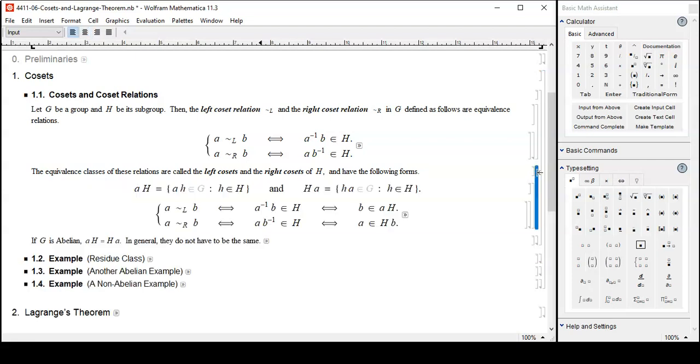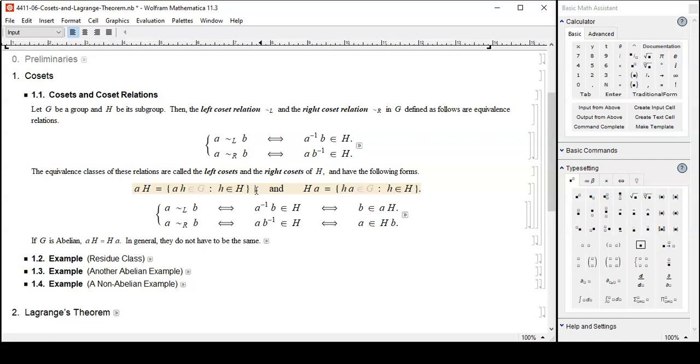They look like this. The equivalence class for the left coset relation turns out to be the set of A times some member of H, which we call the left coset.